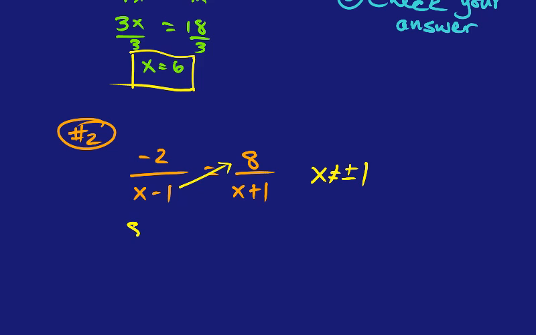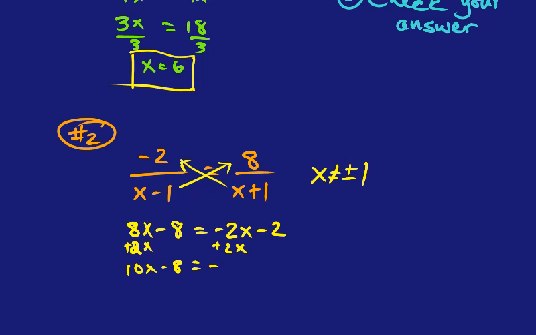So we'll multiply 8 times x minus 1, which is 8x minus 8, and we'll multiply x plus 1 times -2, which equals -2x minus 2. Time to solve. We add 2x, which gives us 10x minus 8 equals -2.